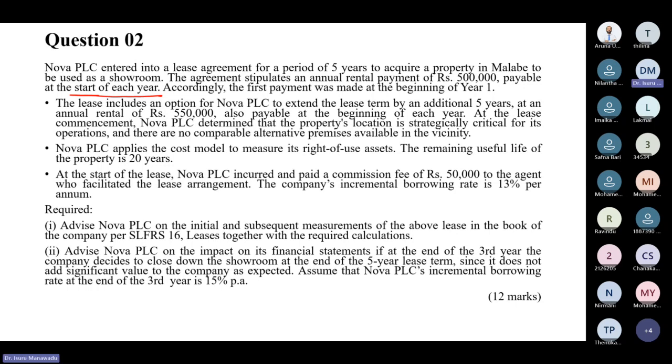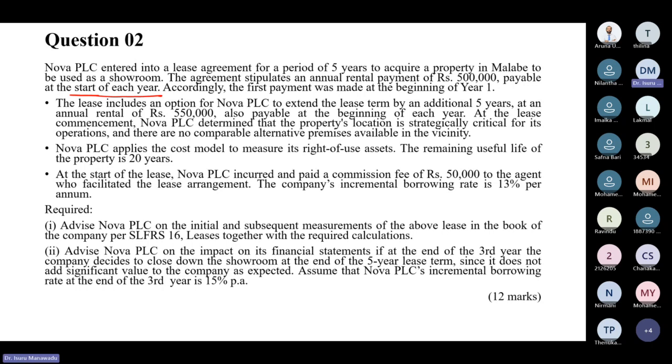The rent earlier was 500,000 for the first 5 years. Then if we extend the same agreement for another 5 years, the second 5 years, the rent is 550,000, also payable at the beginning of each year.